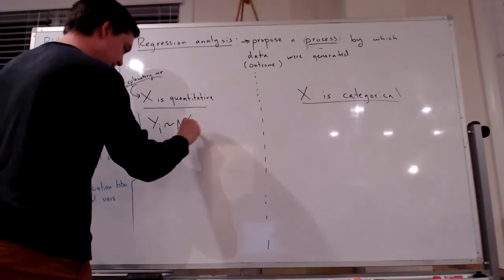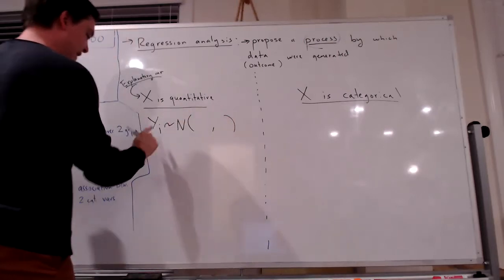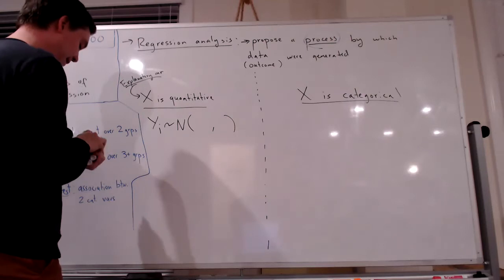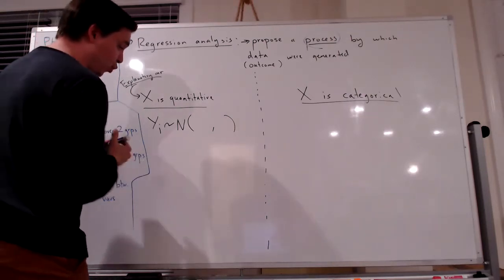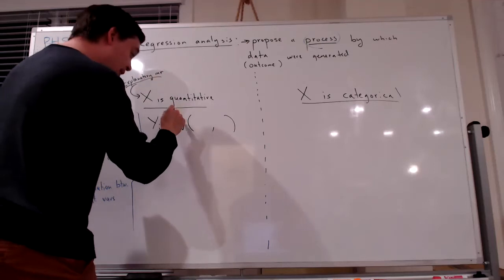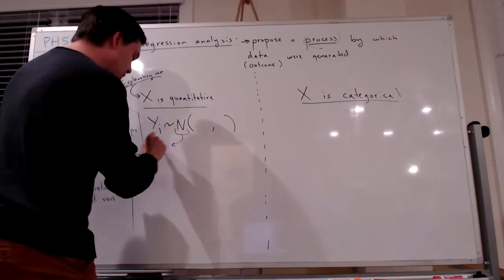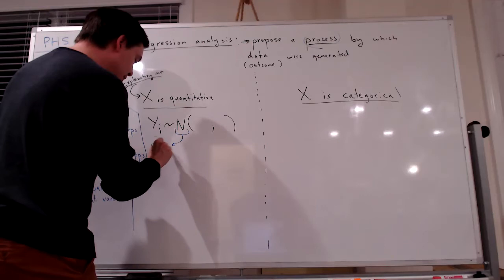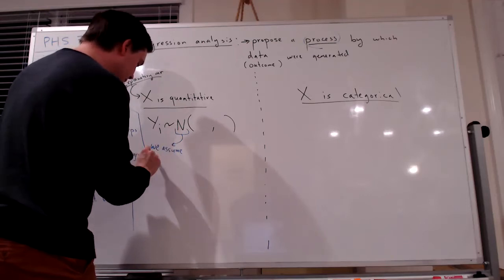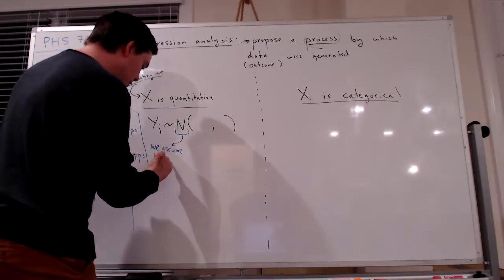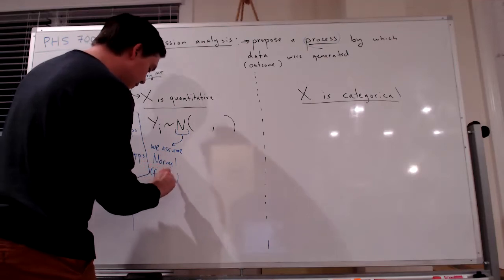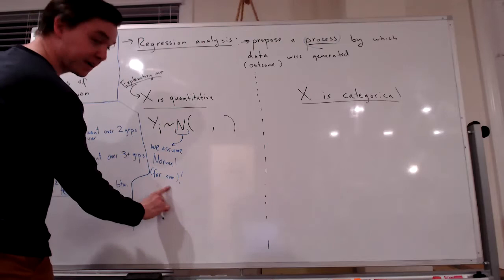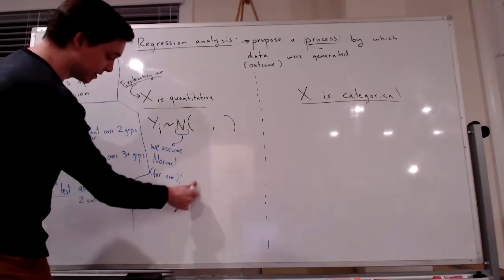Okay, my ith outcome variable is distributed according to a normal distribution. Now, is it always going to be normal? No, we assume normal for now. And when I say for now, that's for the rest of the semester.